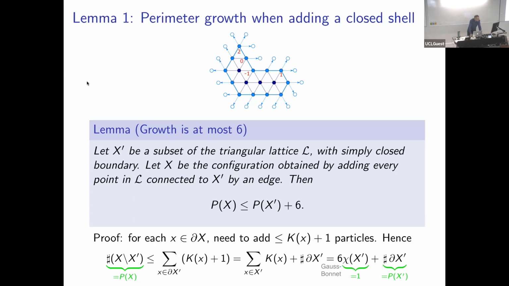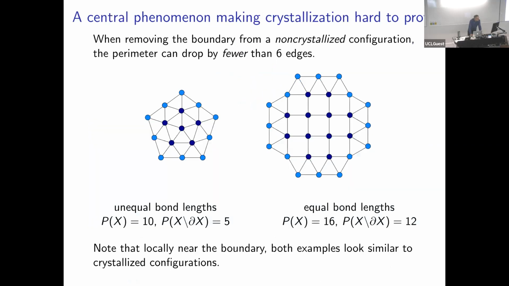So that's this lemma. So now what one really wants to do is the opposite. I want to see what happens when I remove the boundary from a possibly non-crystallized configuration.